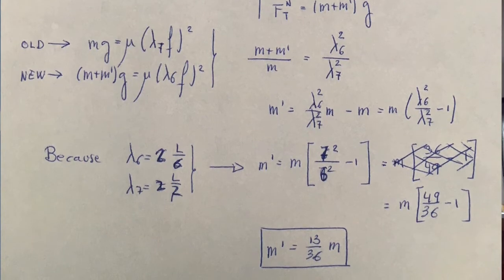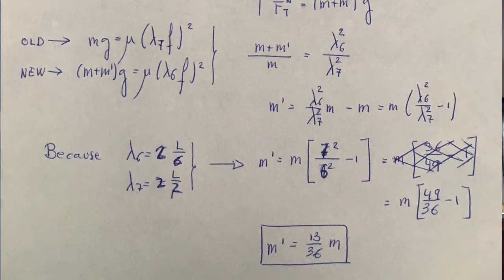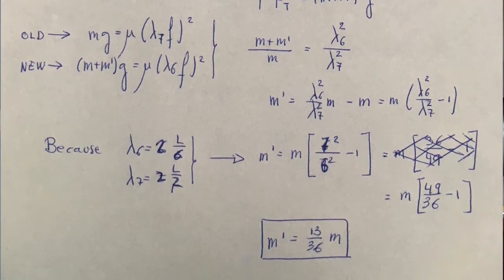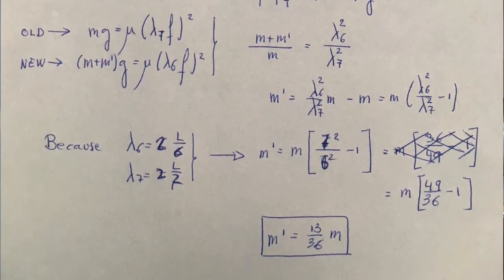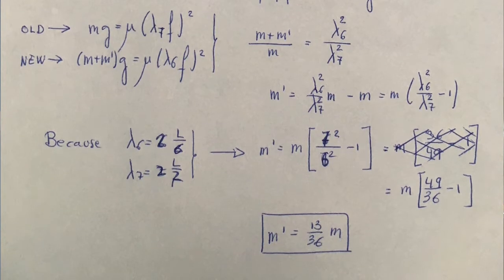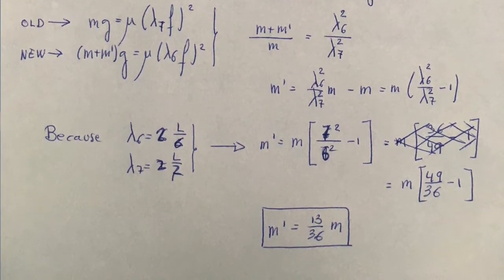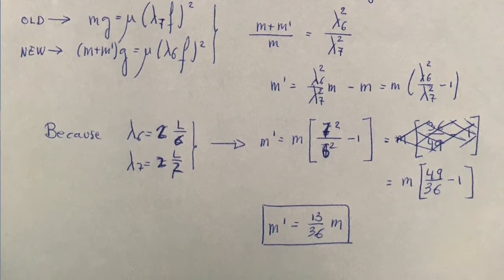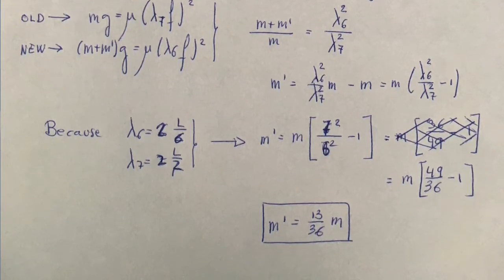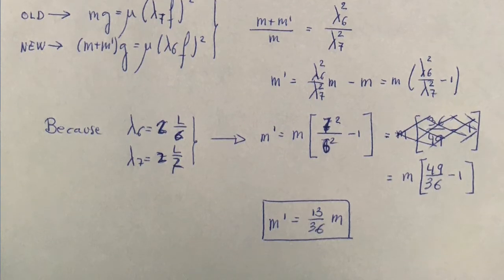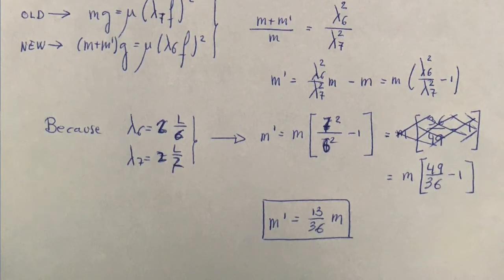For standing waves, lambda sub 6 is 2 times L over 6 and lambda sub 7 is 2 times L over 7. We substitute, and we get that the mass prime is equal to the mass times 7 squared divided by 6 squared minus 1, which gives us that m prime is 13 over 36 times m.